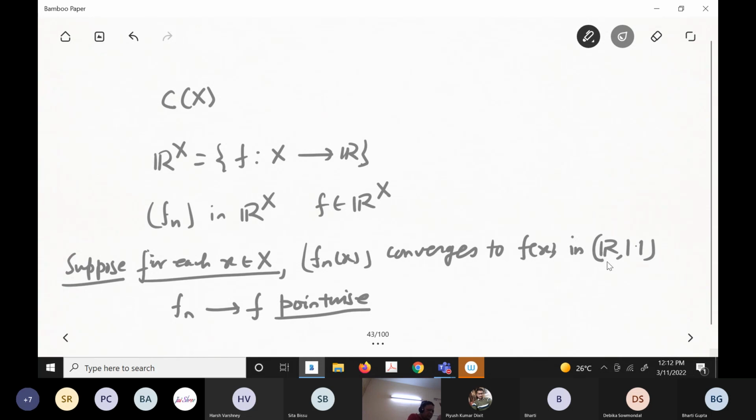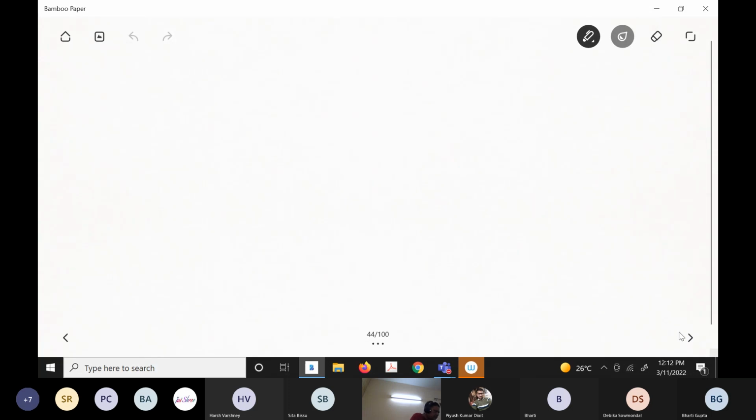But what about uniform convergence? Now look here, when I say pointwise convergence, it means what? f_n, f belongs to this, and I'm recalling what I taught you last semester.